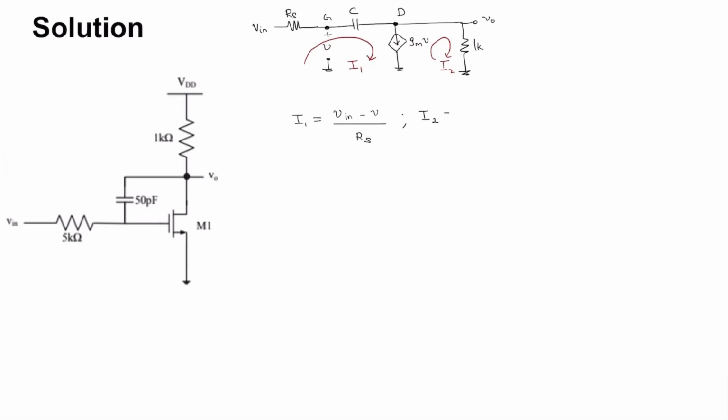I2 is I1 minus GmV. I2 is flowing like that, I1 is flowing like that, GmV is flowing like that. As for the first, I1 is flowing like this, and this is Vin and this is V.